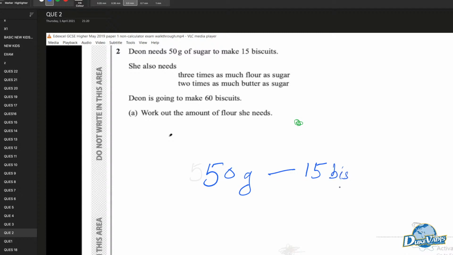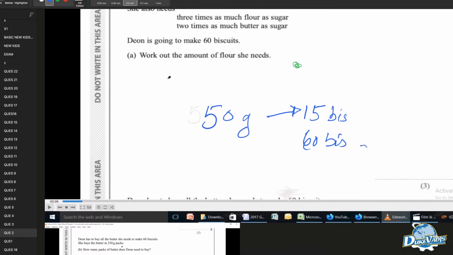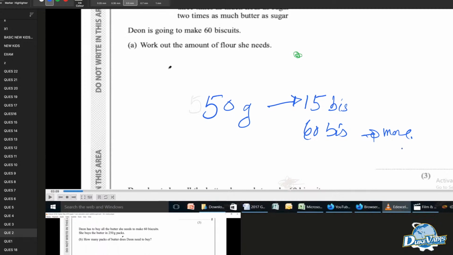I will denote it by bisc. Then if we look at it again, it says she's going to make 60 biscuits. So if 50 grams is for 15, then 60 biscuits will be more. And if it's more, let's divide.